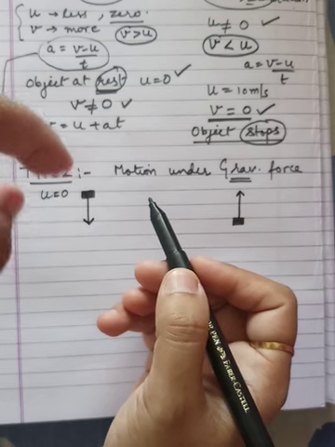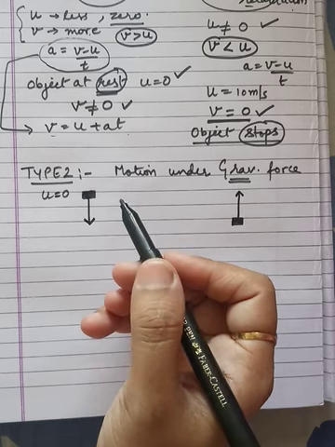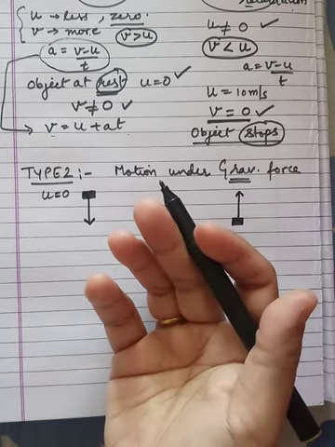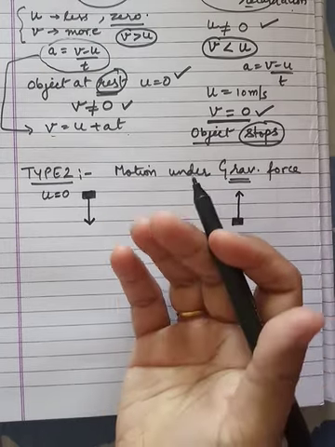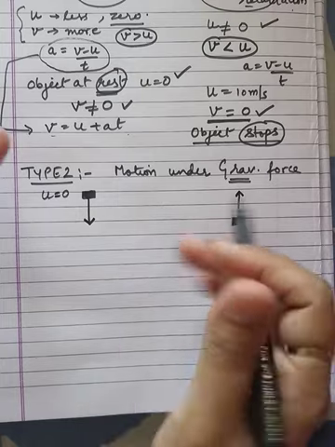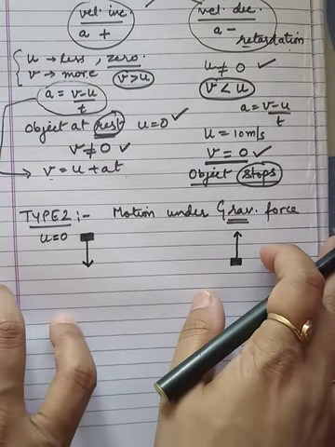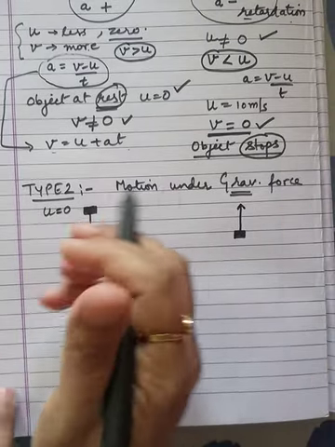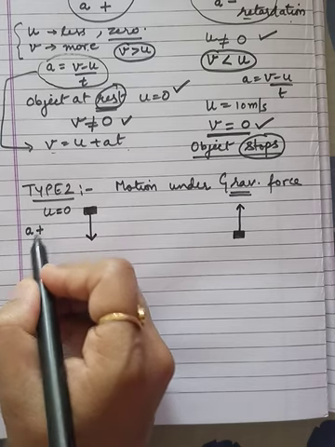If the object is falling down, then what happens? It increases its velocity because of gravitational force. The force is applied, so velocity is increasing. That is a case of increase in the velocity, and if it is an increase of velocity, then acceleration is positive.